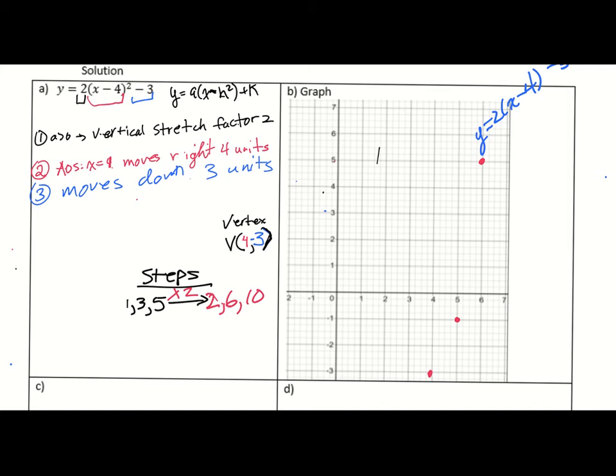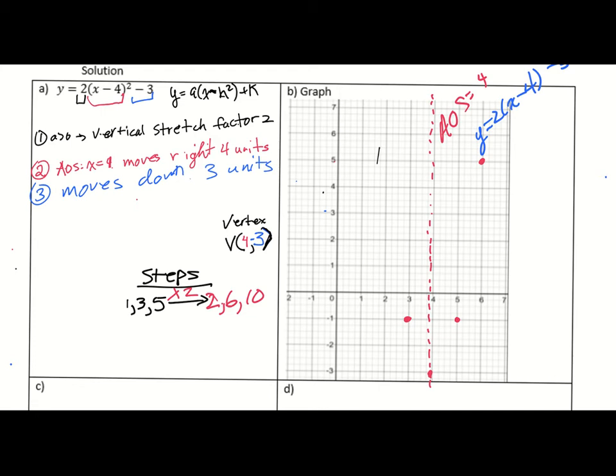And now you remember that the vertical line that goes through the vertex is our axis of symmetry, the AOS, right? And the AOS in this case is 4. And now because I have an AOS, I can take that AOS and mirror my information to the other side.